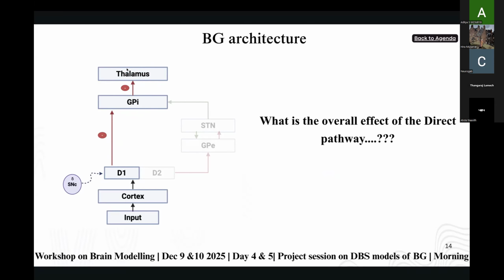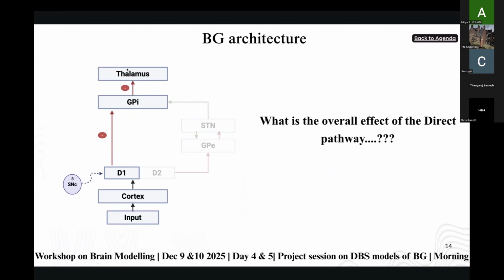The way we can understand whether it's inhibitory or excitatory is you go towards that end. This is mathematically how you can look at it. You look at the forward pathway and take a product of the signs. Negative times negative is positive, so the overall effect is positive in the direct pathway. In the indirect pathway, if I look at the forward pathway, I have a negative here, then a negative here, so negative times negative is positive.